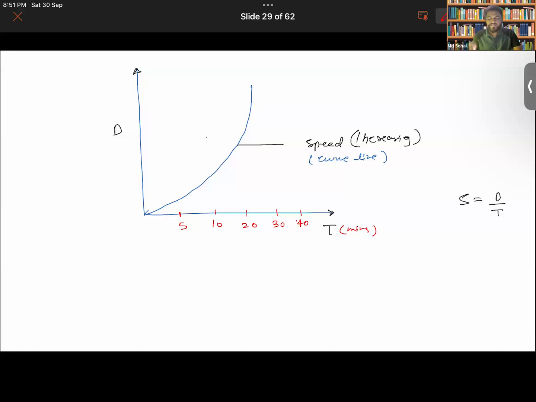Okay, look, if you talk about uniform motion, in everyday life you see objects traveling at different speeds.